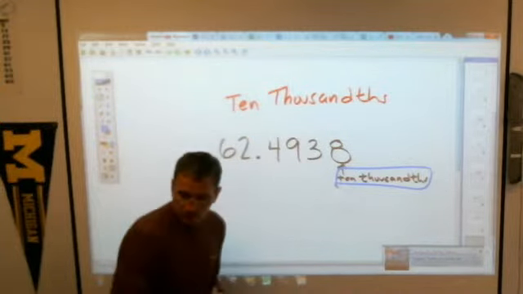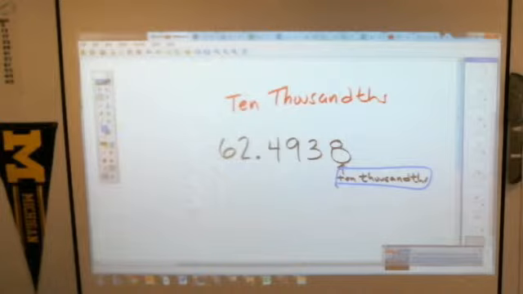How much is a 10,000th of a piece of paper? If I asked you to take this and split that into 10,000 pieces, it's no bigger than a speck, really. This is kind of a tenth, and we cut that into 10 pieces. That's kind of a hundredth. Cut that into 10 pieces.